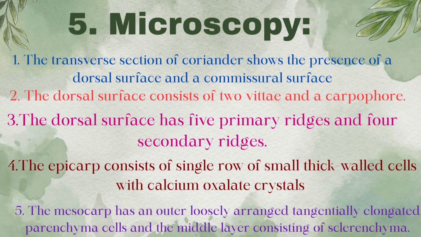Fourth, the epicarp consists of a single row of small thick-walled cells with calcium oxalate crystals. Fifth, the mesocarp has an outer loosely arranged, tangentially elongated parenchyma cells and the middle layer consisting of sclerenchyma.